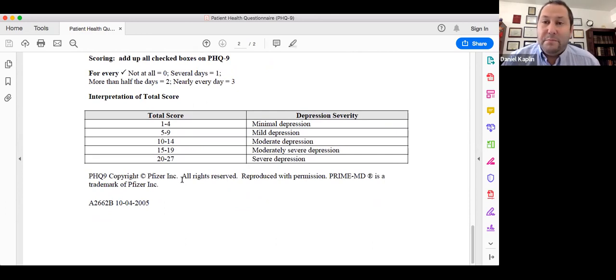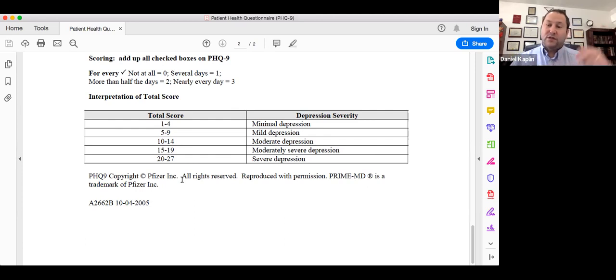By the time it's at a moderate depression level, we consider it a significant clinical issue. And most insurances by that time are going to pay to help you get better. Sometimes if it's minimal or mild, you might have some pushback from insurance companies. But moderately severe is 15 to 19 and 20 plus is severe.